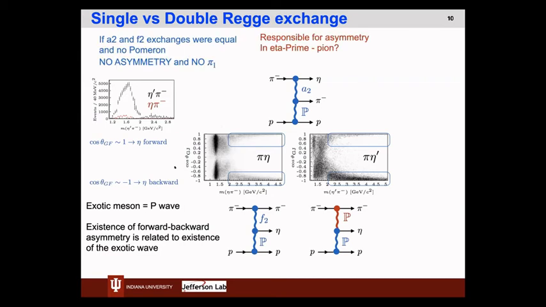So the existence of asymmetry, which in the lower mass translates into existence of the exotic P wave, is essentially reflected in a difference between properties of the isovector A2 exchange and properties of the isoscalar F2 exchange, and also the existence of the Pomeron exchange. So clearly one would expect that the production of the eta prime pi has a larger asymmetry, because the eta prime is phenomenologically expected to have a much larger gluon content, and therefore larger coupling to isoscalar exchanges, including the Pomeron.